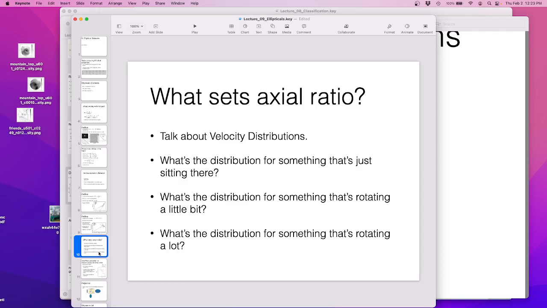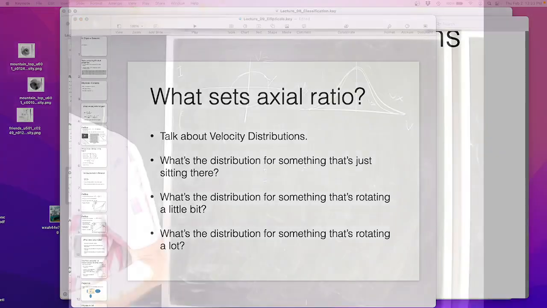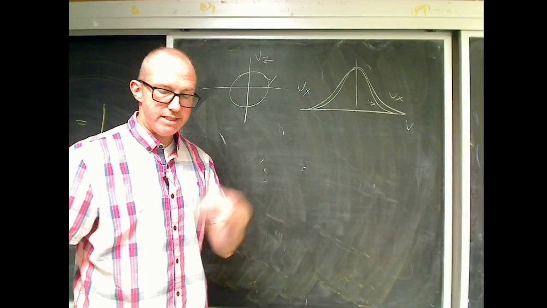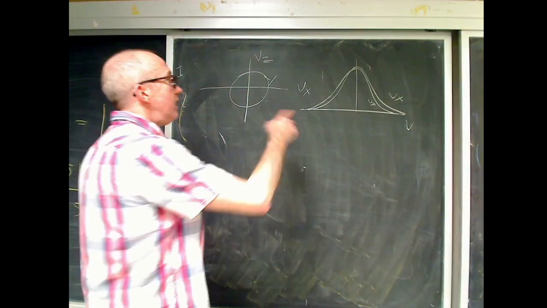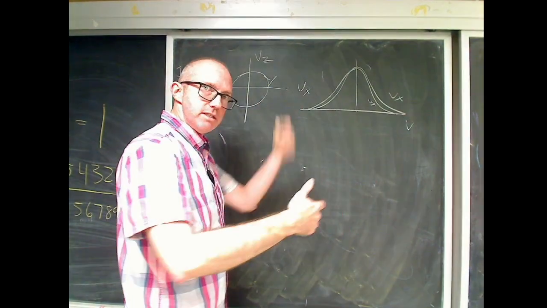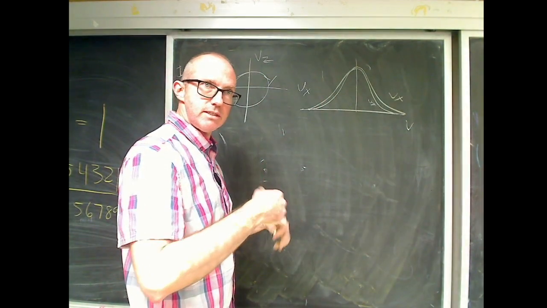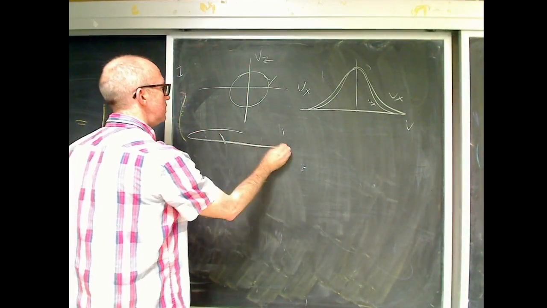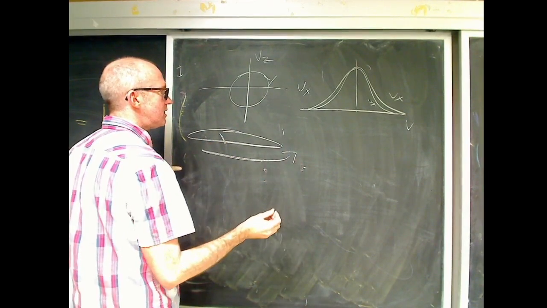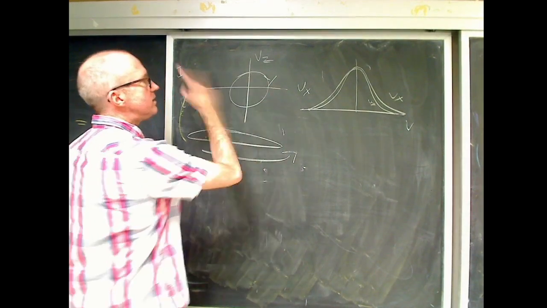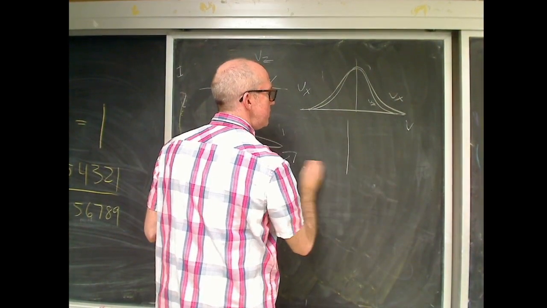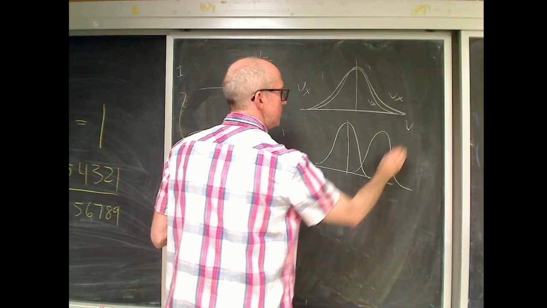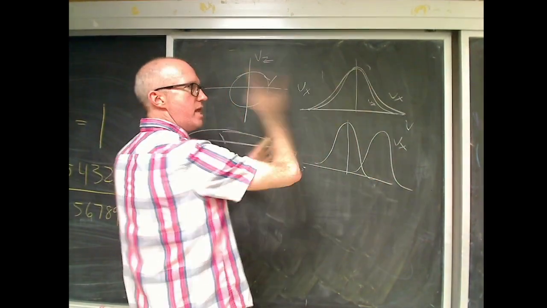Okay, so if I have an isotropic velocity distribution, that means they're going to be the same in all directions. So if I've got something that's round and my things are rattling around and doing the same in all directions, then clearly my velocity in one direction is the same as my velocity in the other direction, because the stars are going out at the same distance. Now, if I have something that's rotating quite a lot, let's say it's rotating this way in x, then I'll have some velocity in x that's shifted because there's some net rotation.